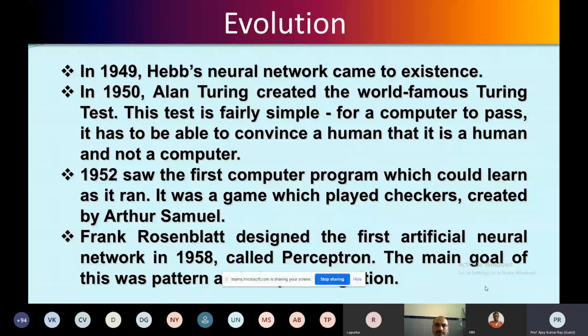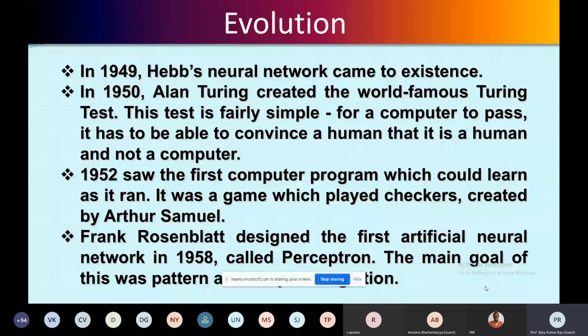So this test was really remarkable. Imagine that in the 1950s, he was talking about the Turing test. And this is the first thing that any computer science student will have to study in his second year course.